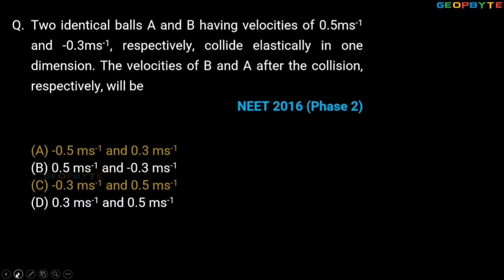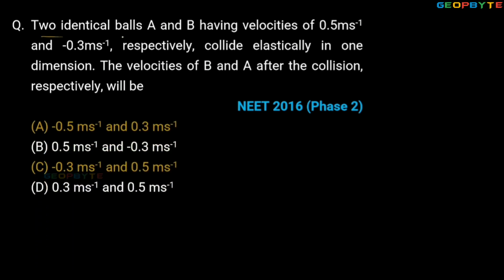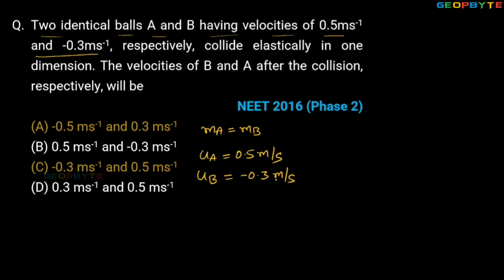Similarly, let us take another important problem. It is asking like this. Two identical balls A and B having velocities 0.5 meter per second and minus 0.3 meter per second. That means mass of A equal to mass of B and initial velocity of A equal to 0.5 meter per second and initial velocity of B equal to minus 0.3 meter per second respectively.